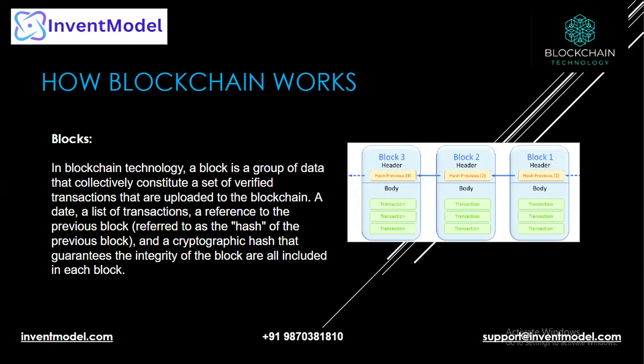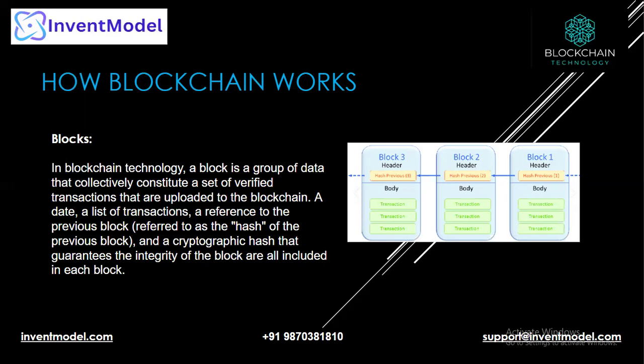When a transaction occurs, it creates a block. Every block has the address or data of a transaction. So let's read what a block is. In blockchain technology, a block is a group of data that collectively constitutes a set of verified transactions that are uploaded to the blockchain.